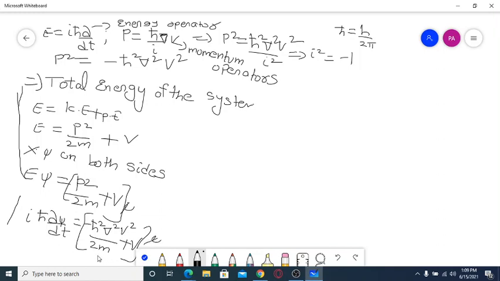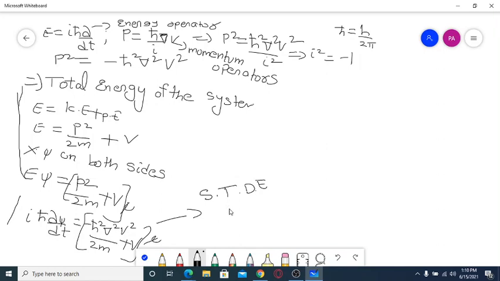Now we have got the Schrodinger equation. This is the Schrodinger time dependent equation, STD.